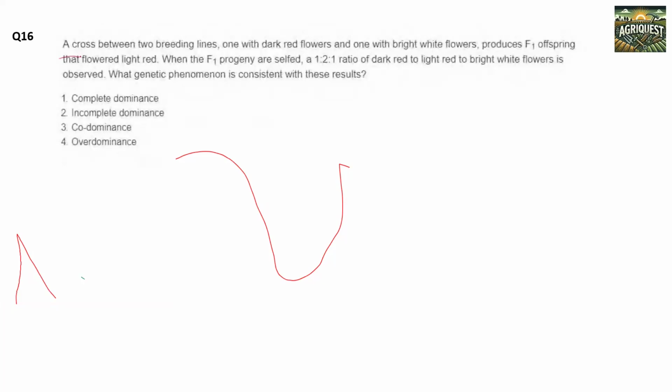A cross between two breeding lines, one with dark red flowers and one with bright white flowers. Parent one is the red flower, red in nature, and parent two is the white flower.